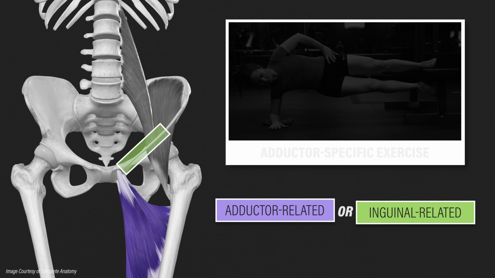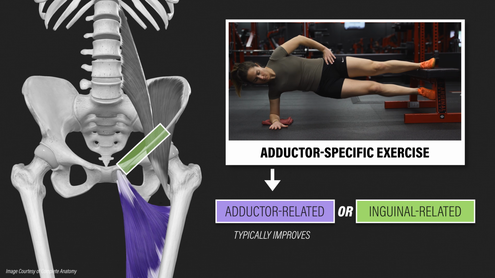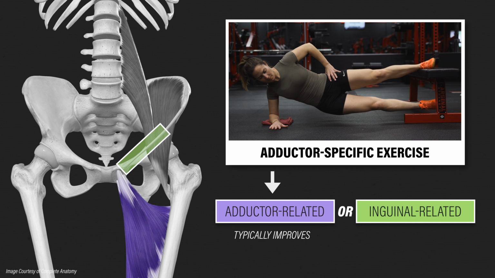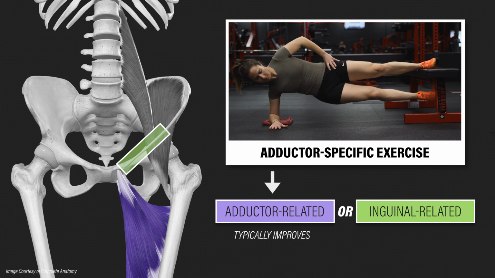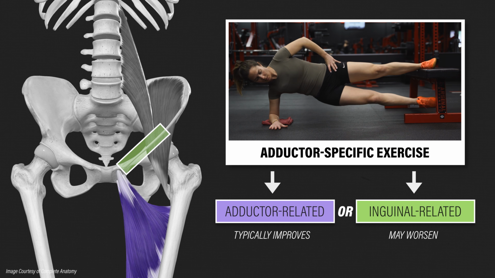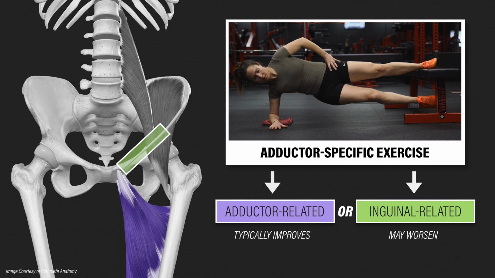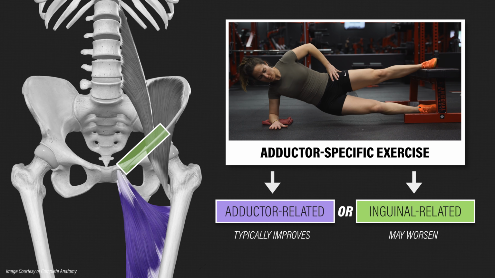Although it can initially be difficult to differentiate inguinal-related groin pain from adductor-related groin pain, adductor-related groin pain will typically improve with adductor-specific exercises, which I'll cover a little later. Inguinal-related groin pain, however, will not improve and may in fact worsen with adductor-specific exercises or with increases in activity in general. It's important to note that an inguinal hernia does not fall under this category of groin pain. Therefore, a palpable bulge should not be present.